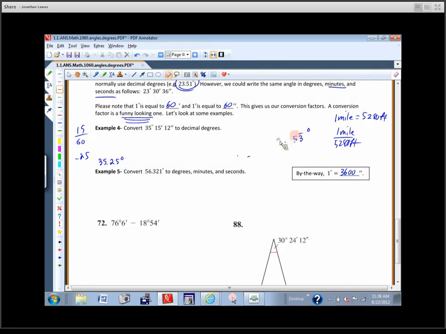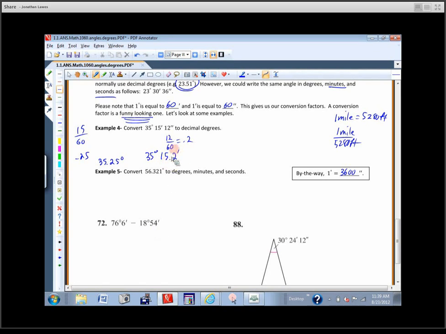Okay, so we're going to start with this right here, and we're going to convert that into a decimal for the minutes. So if I have 12 seconds out of 60, what fraction of a minute is that? Okay, that's going to be 0.2, right? So what I have now is 35 degrees and 15.2 minutes.